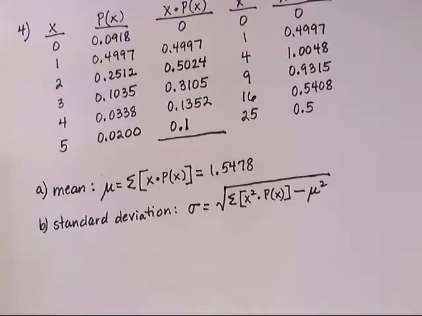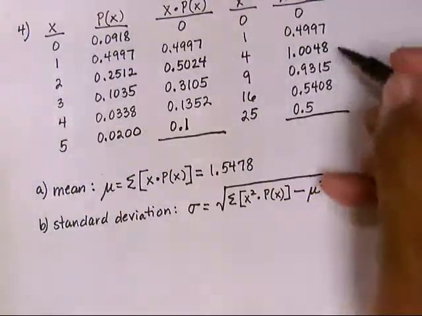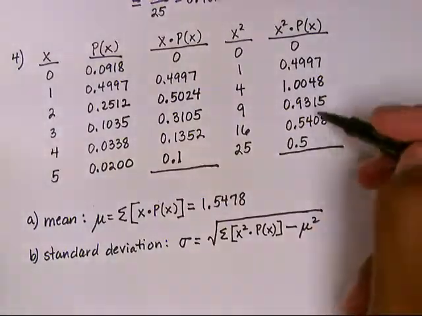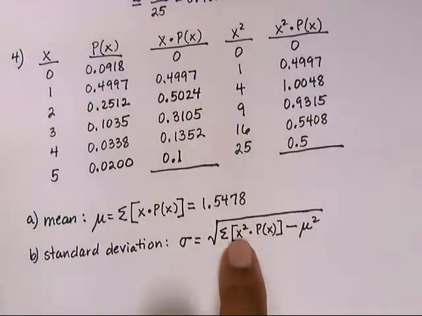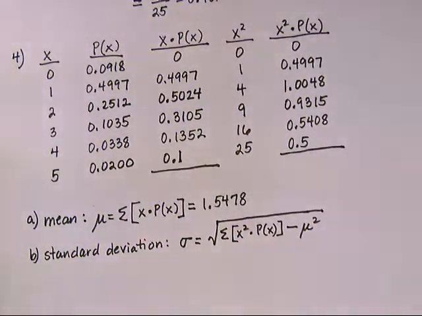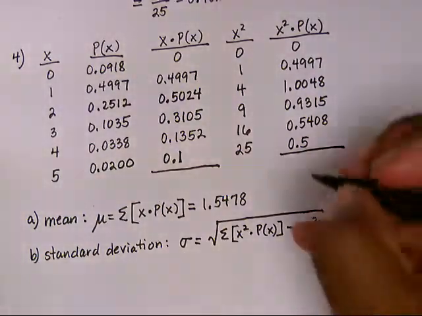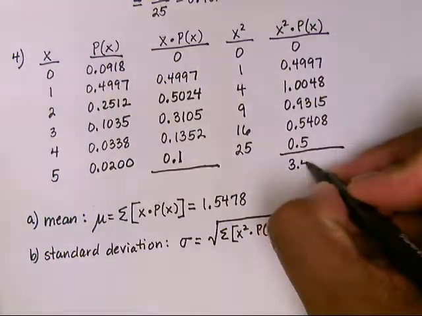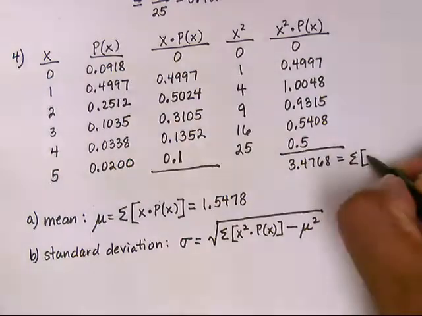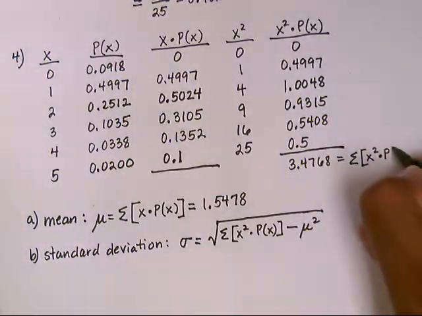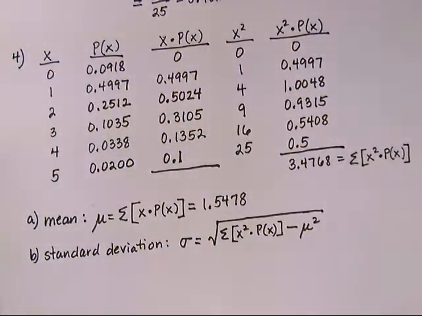That's the square of the mean that we came up with in part A. Now, this last column, we're going to add these numbers together, that x squared times p of x column. That's going to give us this part that's going to help us find the standard deviation. So if we take the sum of x squared times p of x, you're going to end up with 3.4768. And that's this part right here, the sum of x squared times p of x.